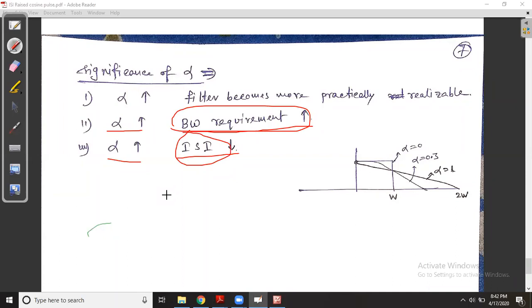In that way you have to choose the value of alpha. This depends on the practical application. Whenever we are going to design something, you have to choose the value of alpha for that application, so some optimized value of alpha you have to consider.